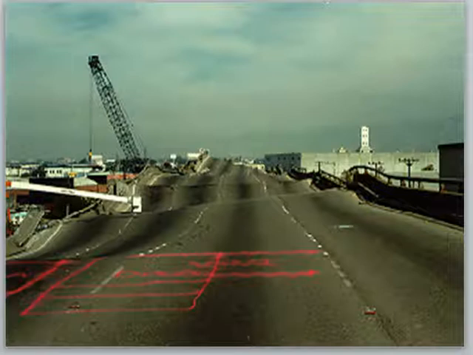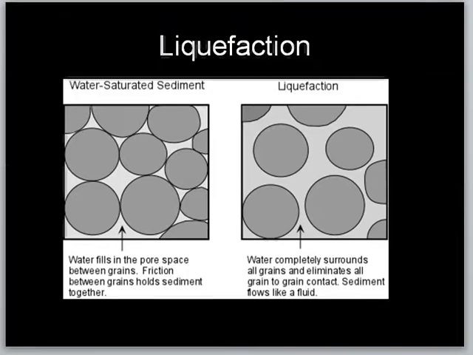When we look at earthquakes, not only is the shaking and the jolting and the fracturing a problem, but there is a secondary problem that can happen called liquefaction. Some people say liquefaction.